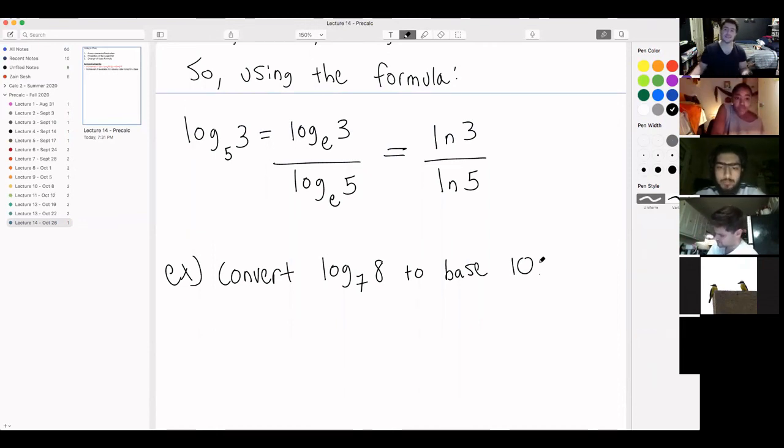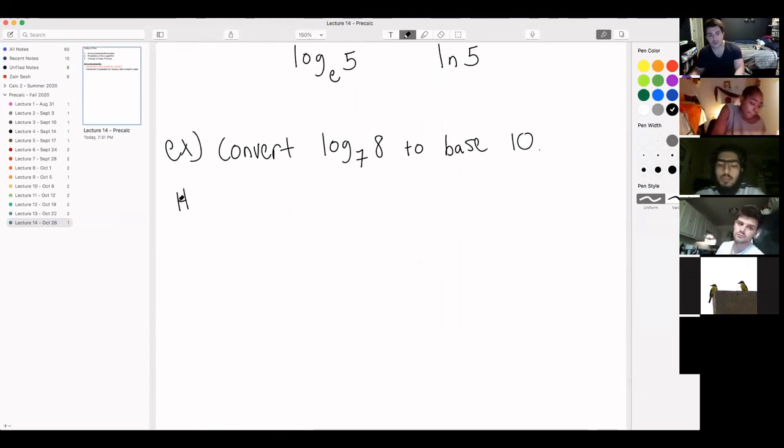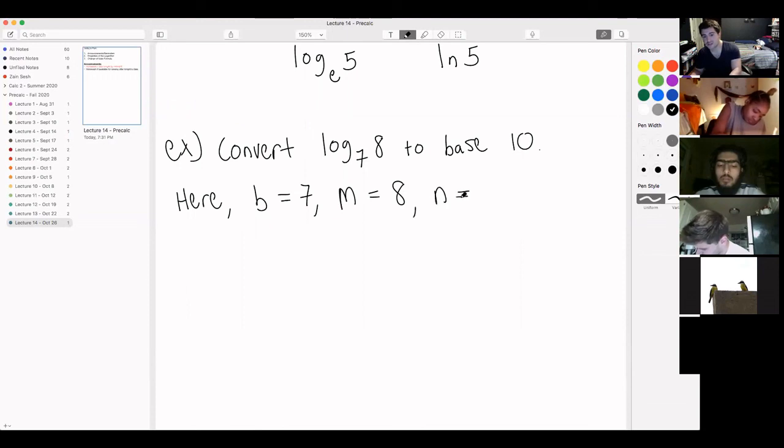We'll convert to base e and base 10 because historically that's what the change of base formula was used for. So let's lay out our data. The base given to us is 7. The input is 8. And n, the base we want to convert to, is 10.